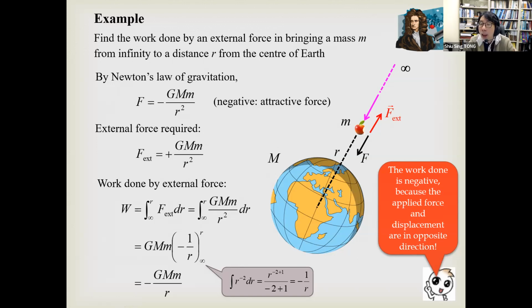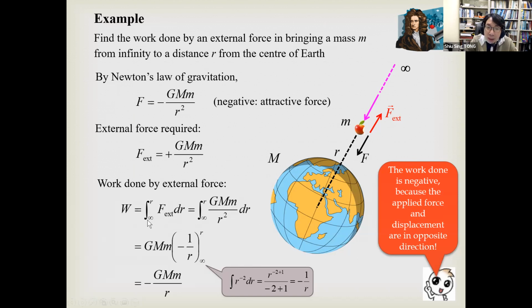Now we further suppose the Superman brings the apple from a point which is very far away from the Earth to a distance r from the center of the Earth. So he is now bringing the apple from very far away to a certain distance from the Earth's center. And let's calculate the work done by the Superman in this process.